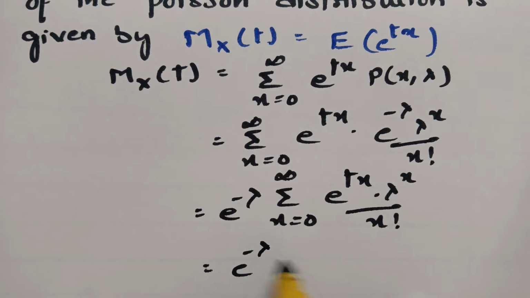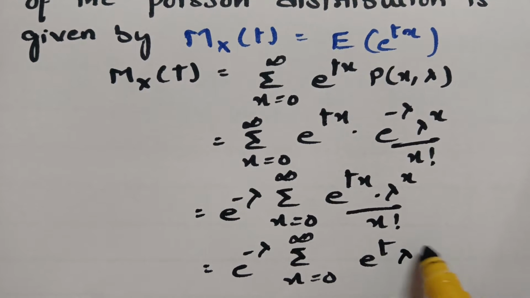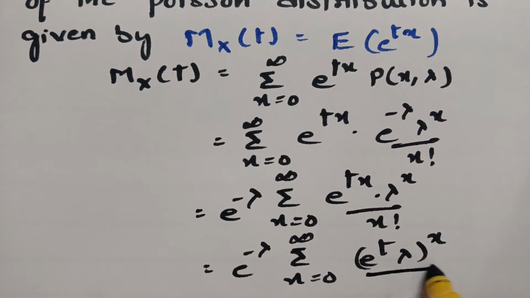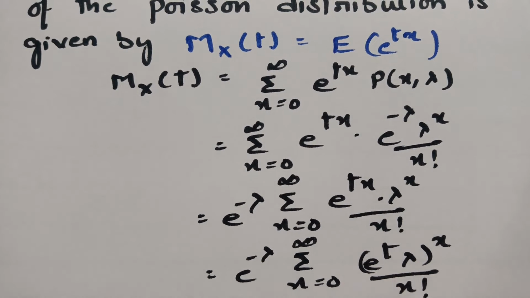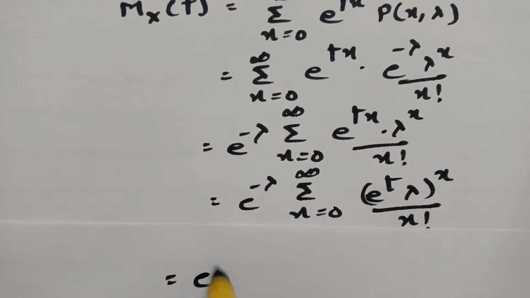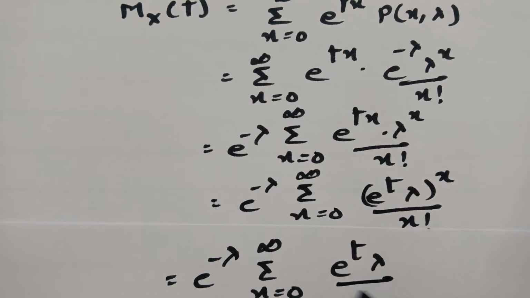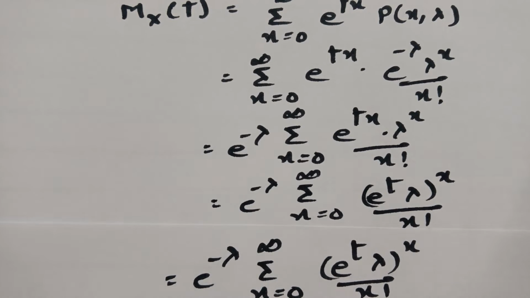So this is e power minus lambda, sigma x equal to 0 to infinity, (e power t lambda) whole power x by x factorial.